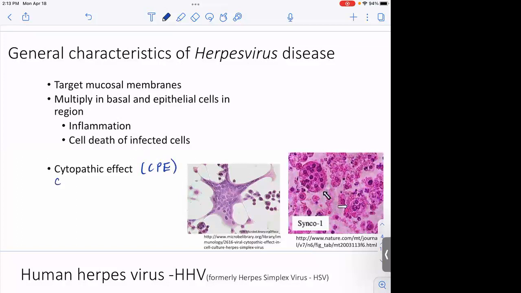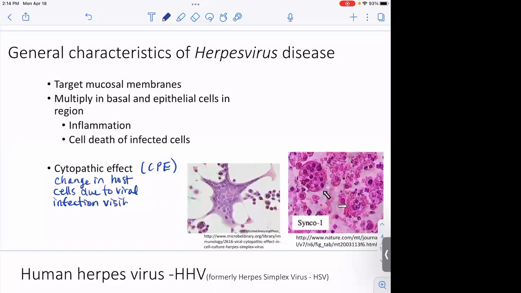And this just means we look for a change in host cells due to viral infection, visible under light microscopy.